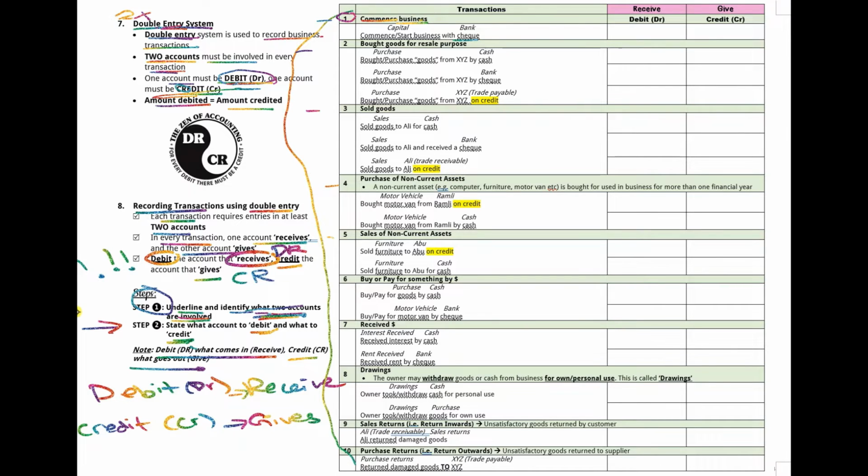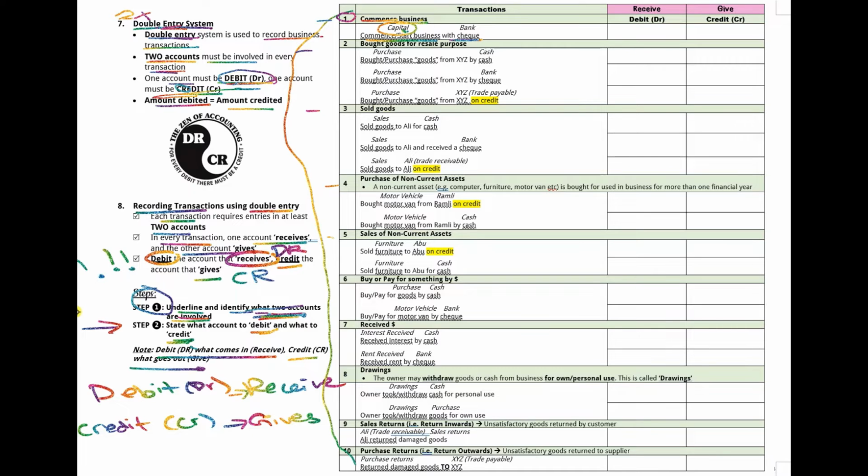If you see the word commence, or start business with money, can be cash or check, then the capital account is involved, because capital means the money brought into the business by the owner. So when you see start business with cash, capital account.